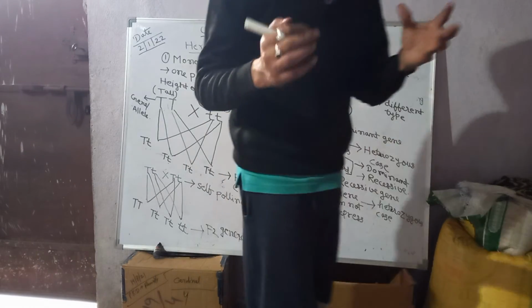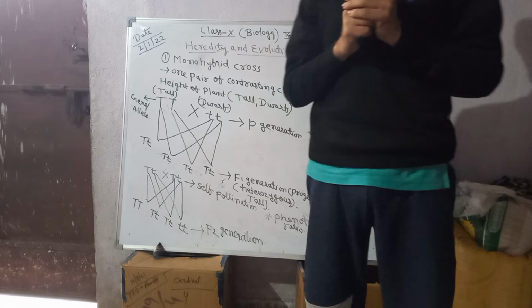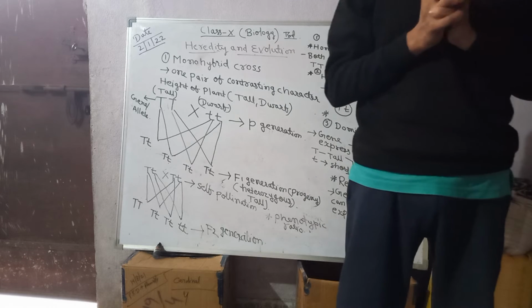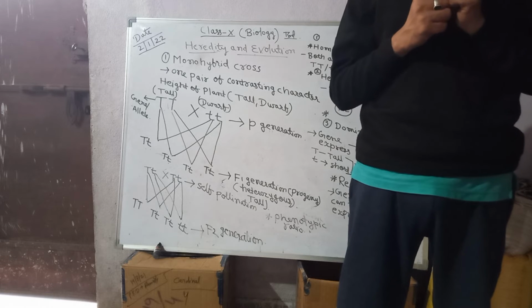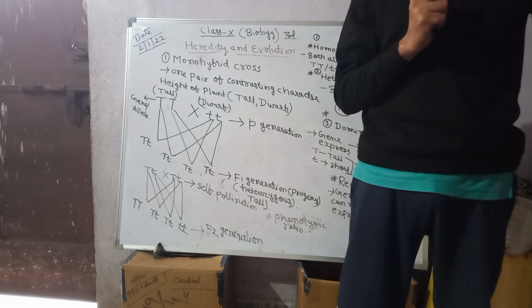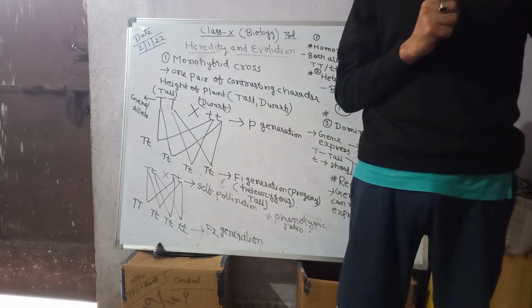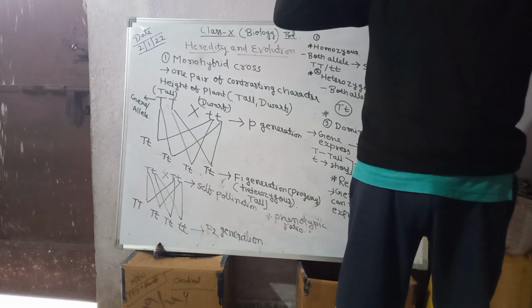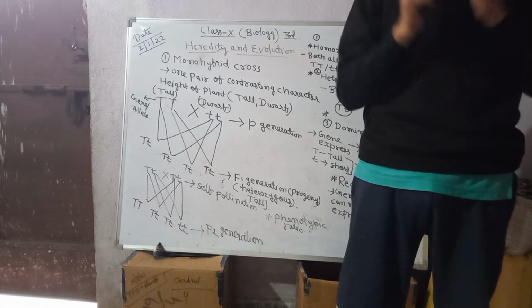That trait which can be easily observed, that type of trait or character is known as phenotype. For an example, suppose if some friend is coming towards you, you can easily identify that this friend is fair in color or brown in color or black in color. You can also identify by their hair that there is straight hair or curly hair.